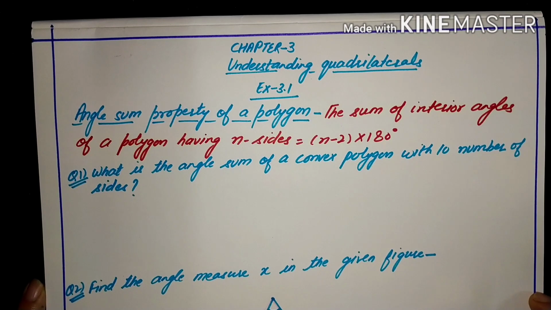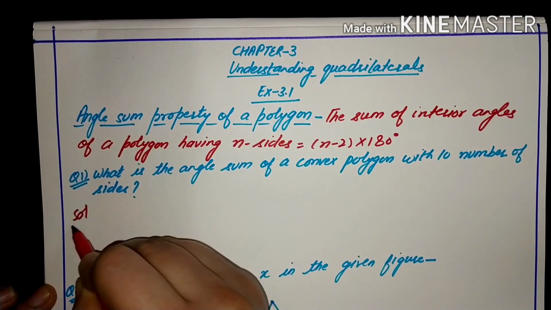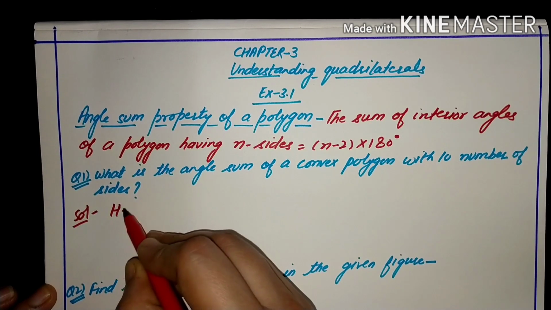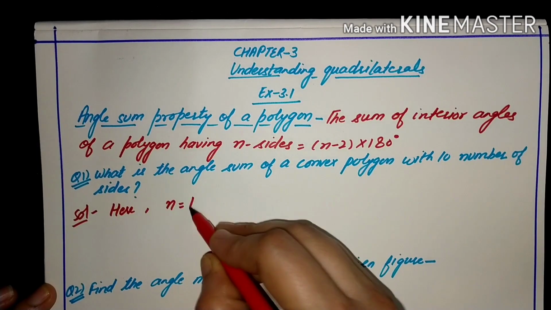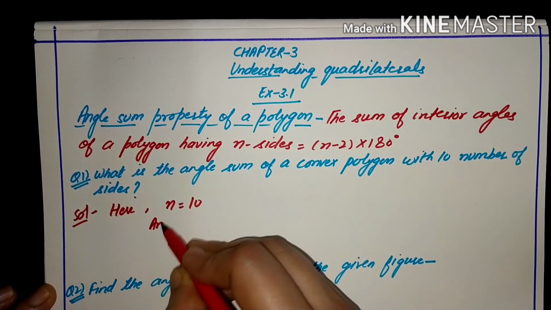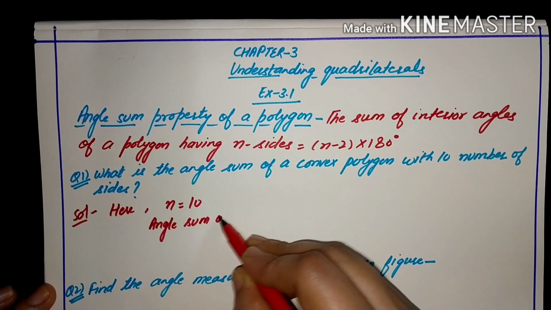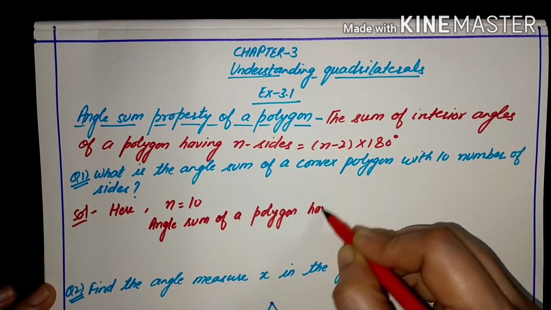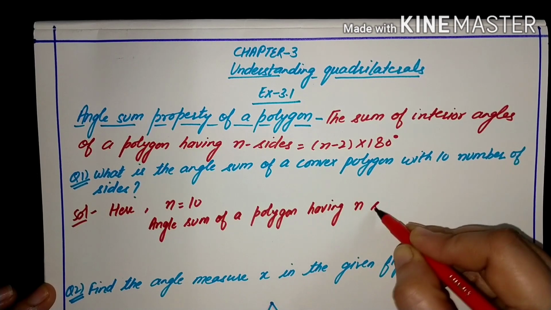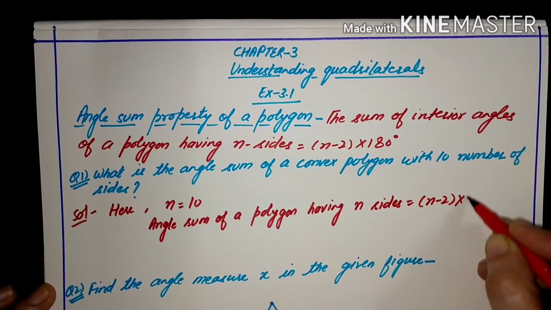What is the angle sum of a convex polygon with 10 sides? So the solution is here. n is the number of sides, that is 10, and we know that the angle sum of a polygon having n sides is equal to (n minus 2) into 180 degrees.